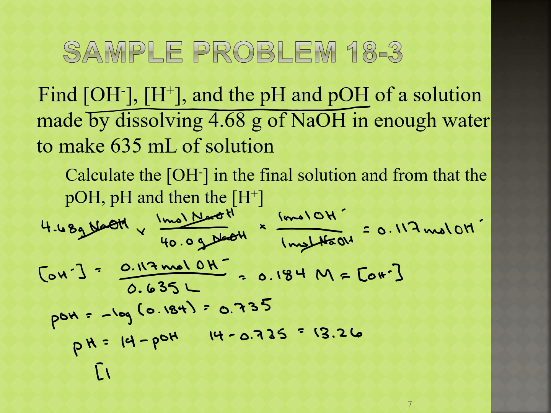And lastly, I'm going to find the H plus concentration, which is 10 to the negative pH, so 10 to the negative 13.26. We end up with the H plus concentration being 5.5 times 10 to the minus 14th molar. Once we found one piece, we could use those two equations to plug in and find any of the other unknowns we were looking for.